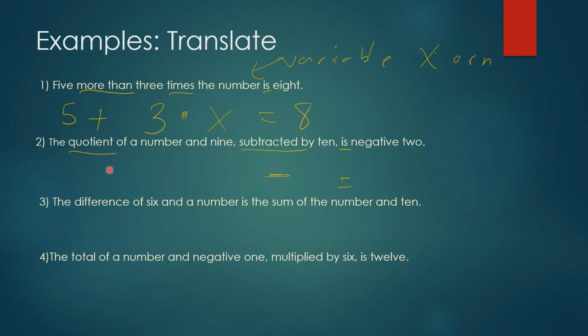Well, we're finding the quotient of a number and 9, which means I am dividing a number by 9. So again, we'll use the variable x this time, again, and we're going to divide that by 9. And we're going to subtract by 10, and that's going to be -2.